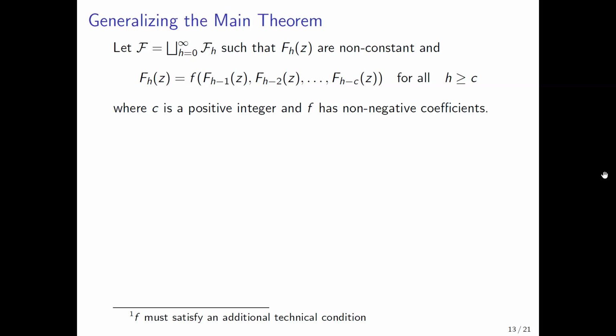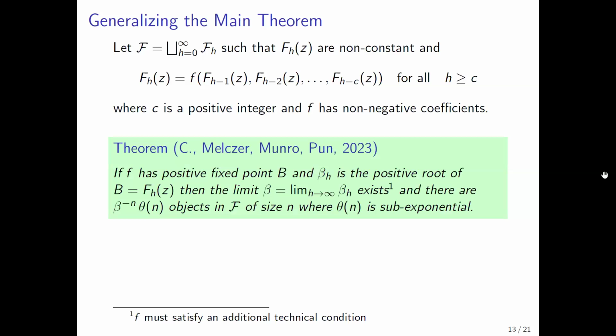And it turns out, as long as you have this union of generating functions which partition some counting sequence into different groups, and you have this recursive formula with some function f, so that they depend on some constant number of the previous terms, then if they behave nicely, we can conclude that there is a limit beta, which is analogous to the alpha in the previous computations. That limit will exist, and the exponential growth will be proportional to 1 over beta.